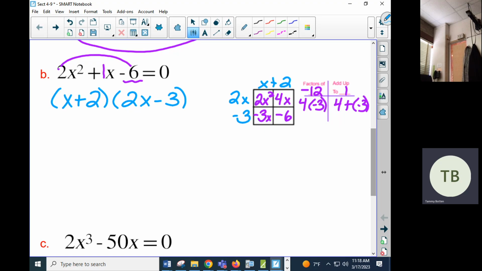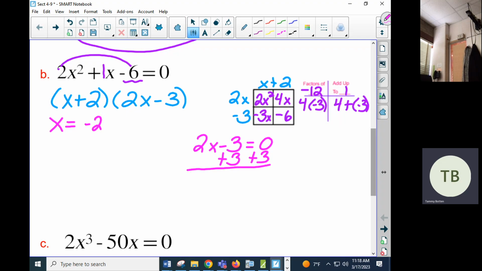Okay? So this one, I think you probably know by now. This would be the opposite of this, so it'd be a negative 2. Now, if I set 2x minus 3 equal to 0, I'd add 3, and I'd get 2x equals 3, divide by 2, and x would give me 3 halves.